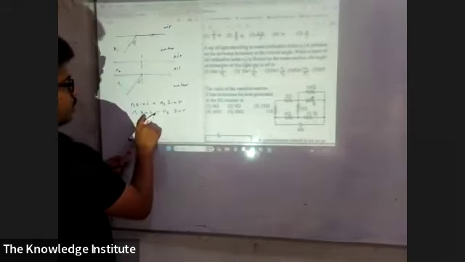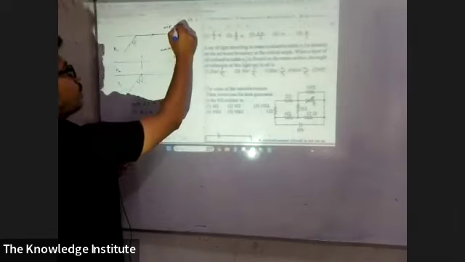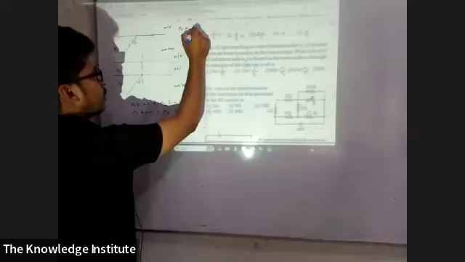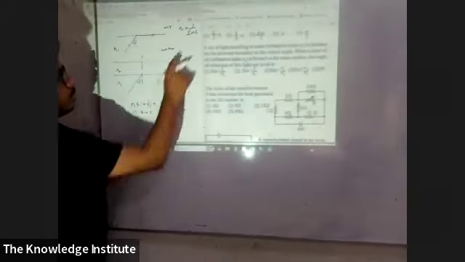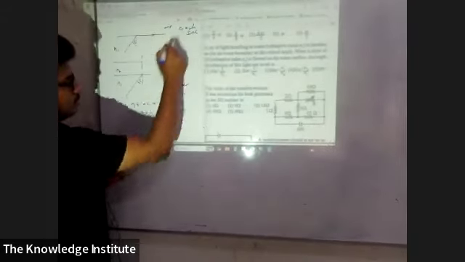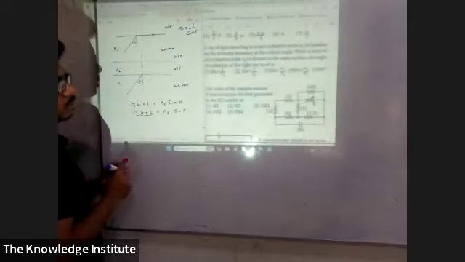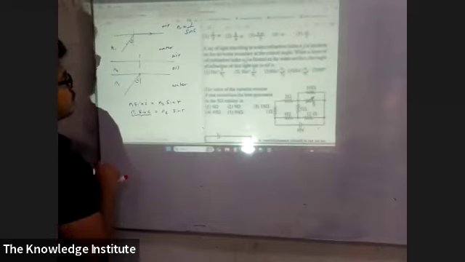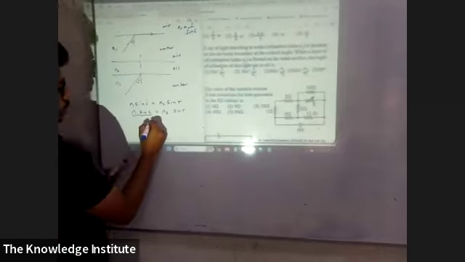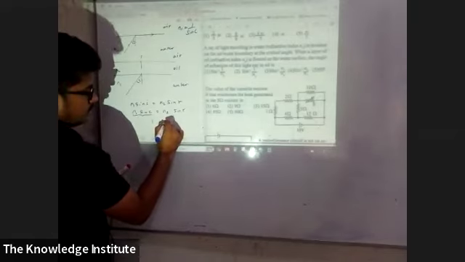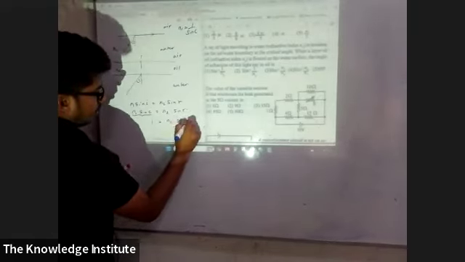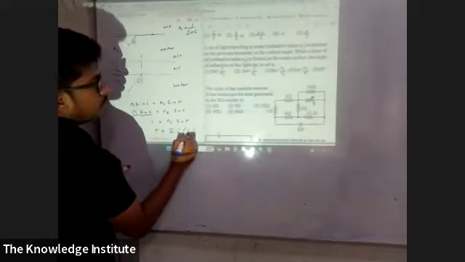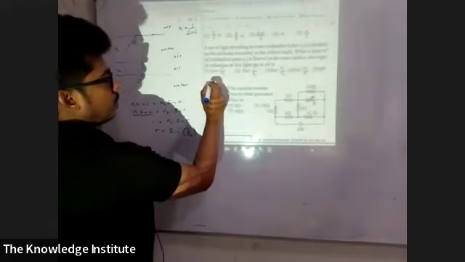Since N1 equals 1 over sine C, N1 sine C is 1. So 1 equals N2 into sine r, so r equals sine inverse of 1 over N2.